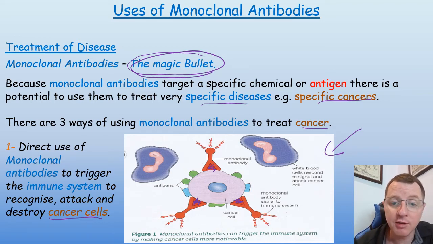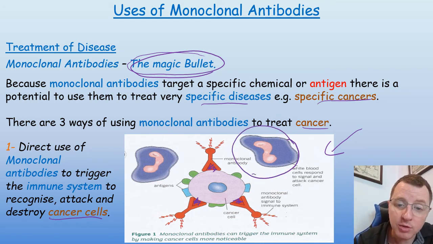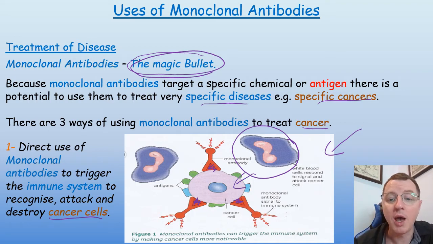But if we can develop a monoclonal antibody that will attach onto those antigens, then that monoclonal antibody can in effect act as a foreign antigen, triggering the white blood cells to attack the cancer cells where the monoclonal antibody has bound to them, and hopefully therefore destroy those cancer cells before the cancer harms you too much.